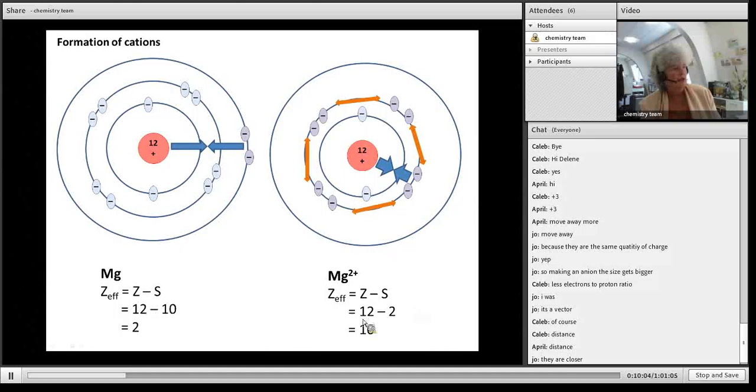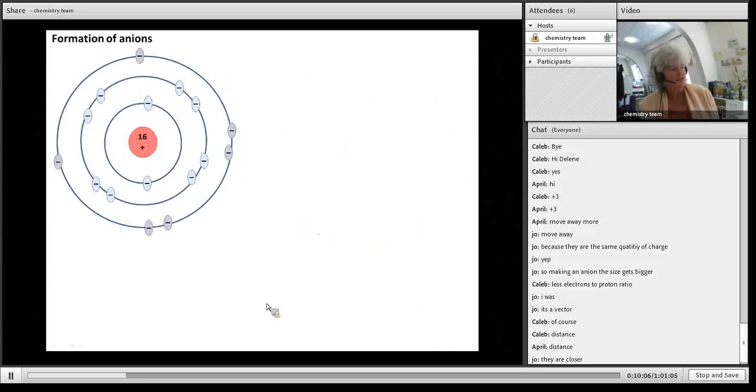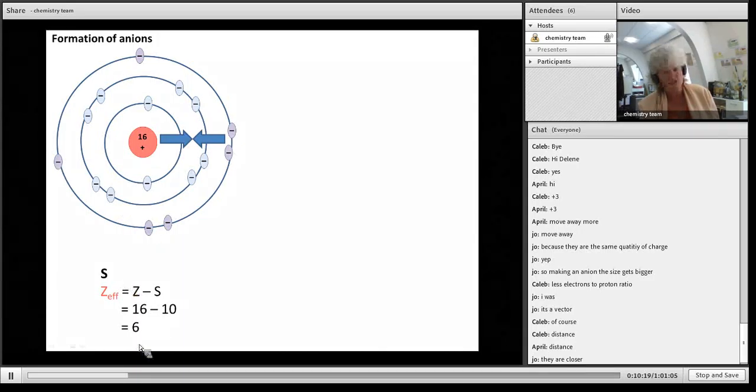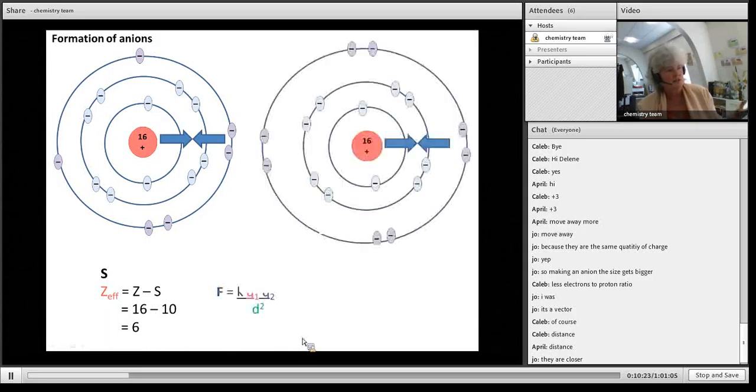And finally, the anions. Here's an example, sulfur. So 16 protons, and we've got 10 inner electrons. So those valence electrons each have a nuclear charge of +6 attracting them. And if I now make the anion, I've added 2 extra electrons. You can see there's one more over there and one more over there.